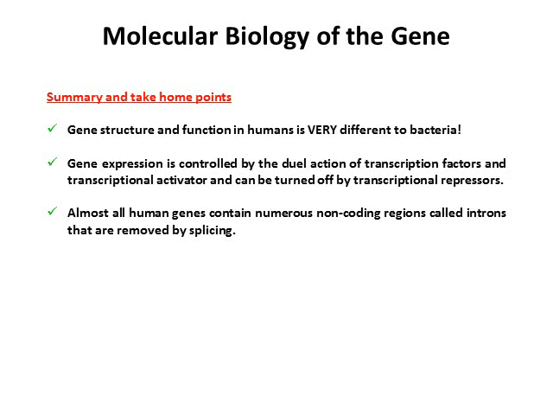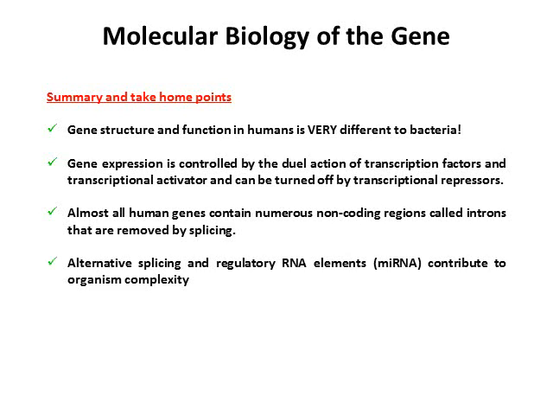You should understand now that human genes contain coding and non-coding regions, and the non-coding regions are removed by splicing, and that alternative splicing and shuffling the information within a gene in different ways allows us to generate organism complexity. So in other words, if we weren't able to use the information within a gene in many different ways to produce many different proteins, we wouldn't be able to generate an organism as complex as humans.